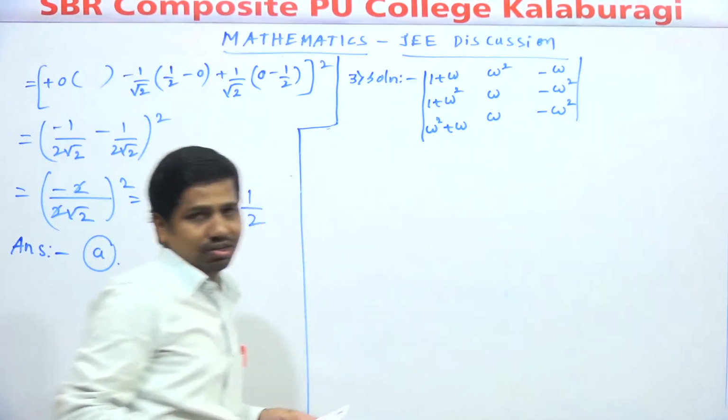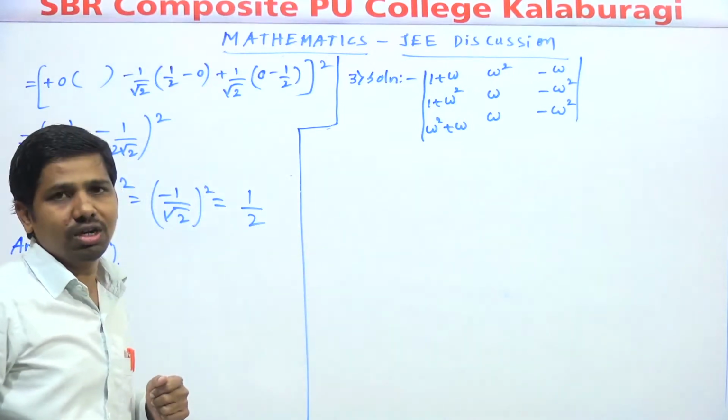What is the value asked? The determinant of this 3 cross 3 matrix.